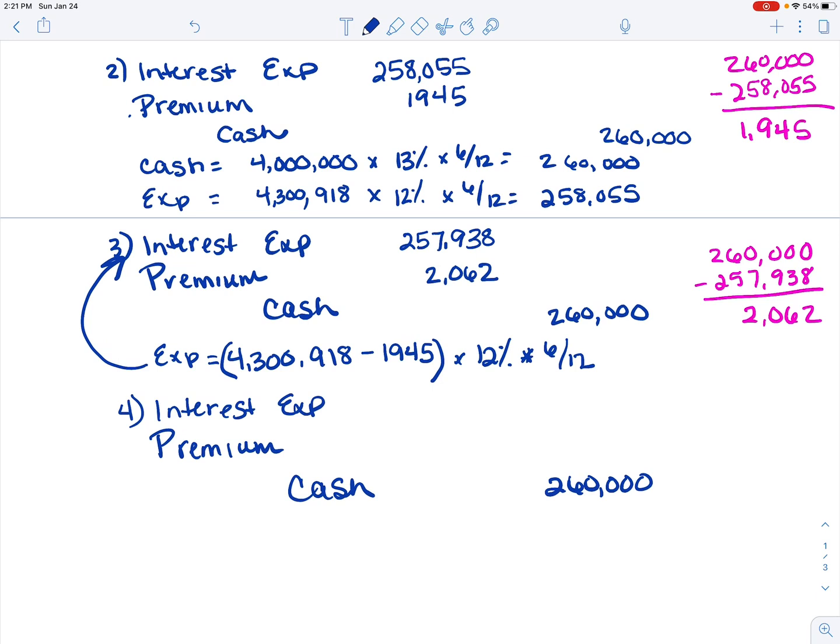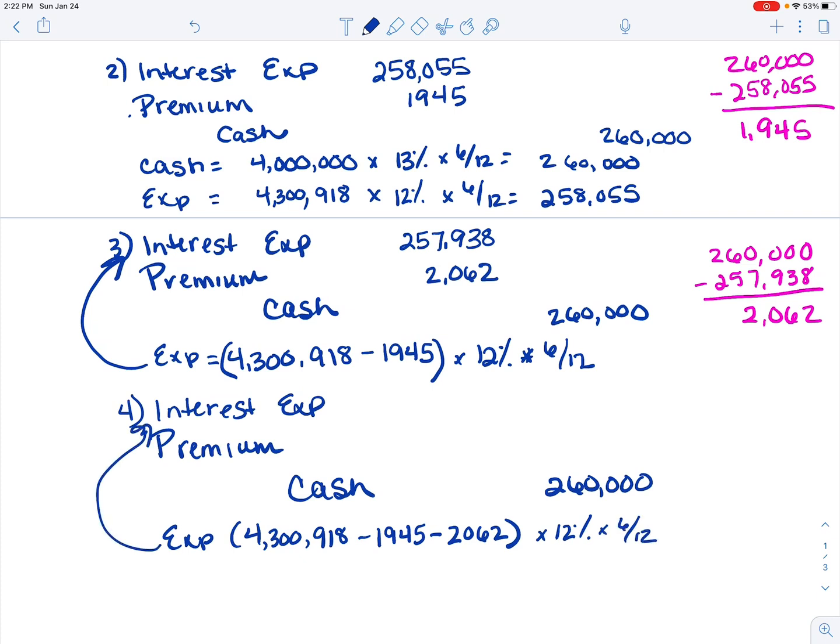So this time, we're going to have to recalculate that. We're going to subtract that first one, subtract how much we did that second round. That would give us our new carrying value. And then we're just going to go ahead and do that multiplication. That again will give us our interest expense.